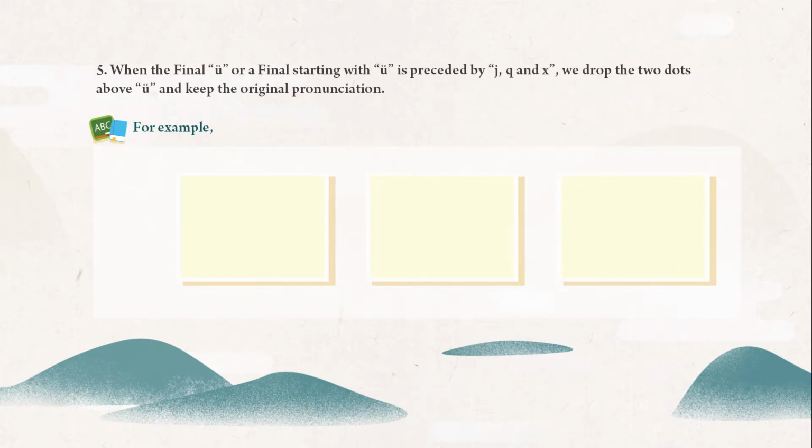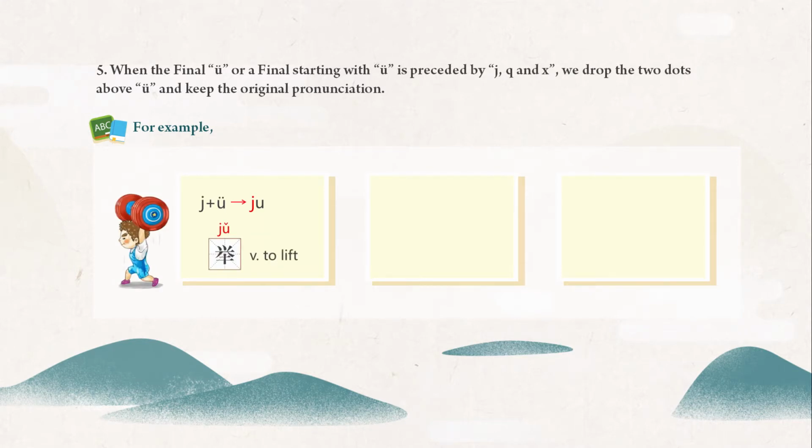Rule 5. When the final ü or final starting with ü is preceded by j, q, and x, we drop the two dots above ü and keep the original pronunciation. For example, when final ü is preceded by j, we got a pinyin ju, such as word ju.